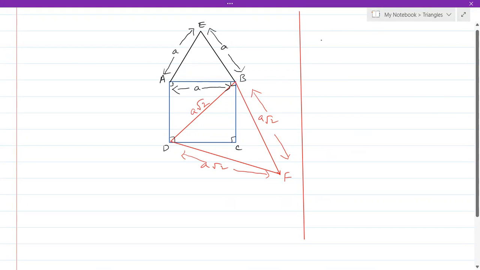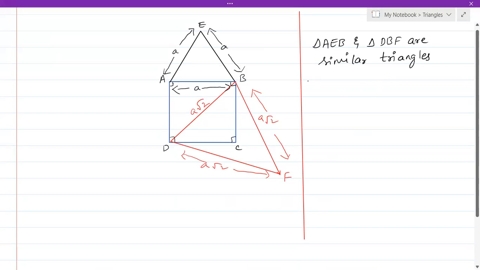Now let me tell this: triangle AEB and triangle DBF are similar triangles. Can you guess why? Because what are AEB and DBF?